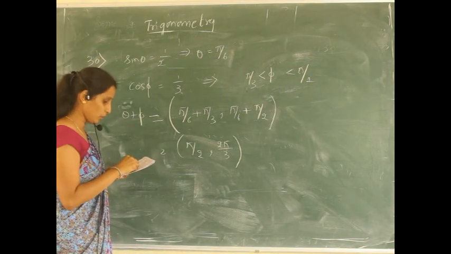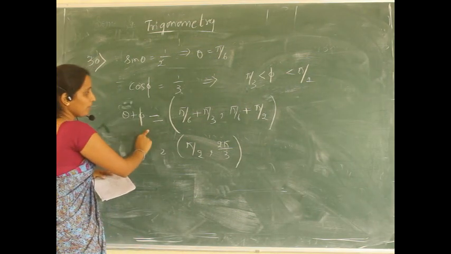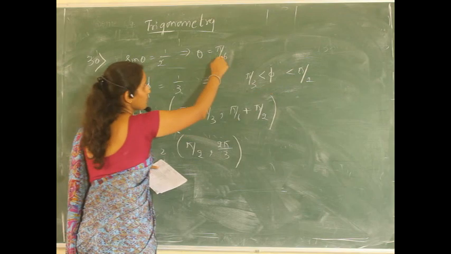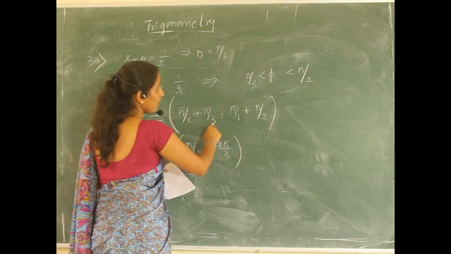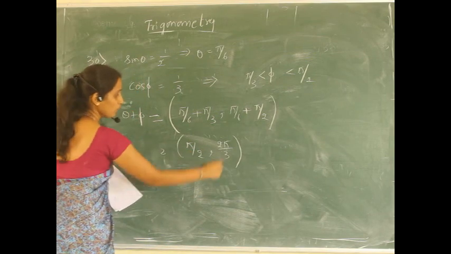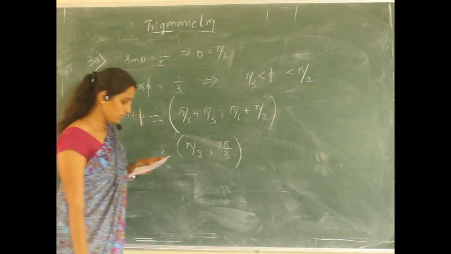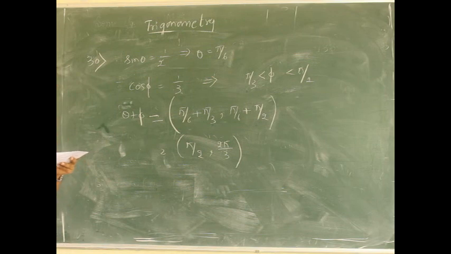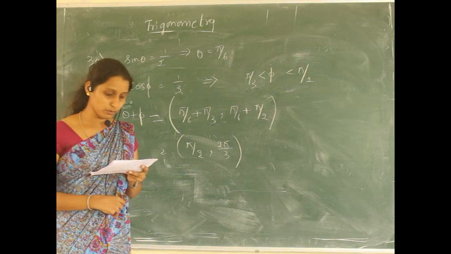So theta plus phi will be by adding these intervals, pi by 6 plus pi by 3 and pi by 6 plus pi by 2. So we are getting the interval pi by 2 to 2 pi by 3. Therefore, the answer for the 30th question will be option B, pi by 2 to 2 pi by 3.